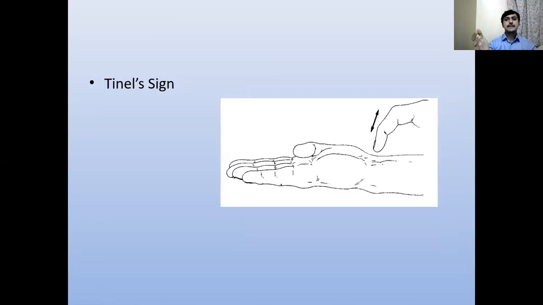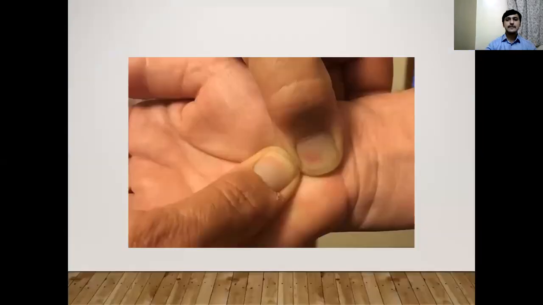So Tinel sign is when you have a nerve injury, you're checking for any tingling in the area of the nerve distribution. So that when you tap the area of the nerve, he'll have tingling in the distal area. That is Tinel sign. And this is Durkan's compression test. You just compress the patient at the carpal tunnel.